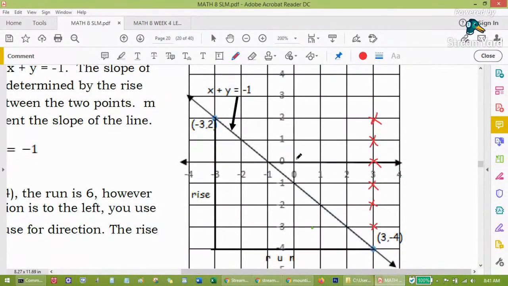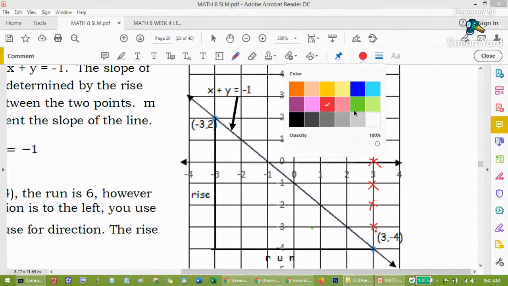Kapag tumakbo ka sa right side, that is a positive run. Pag tumakbo ka sa left side, that is a negative run. So, pag akyat mo na 6, ilang takbo hanggang makarating ka dito sa second point.